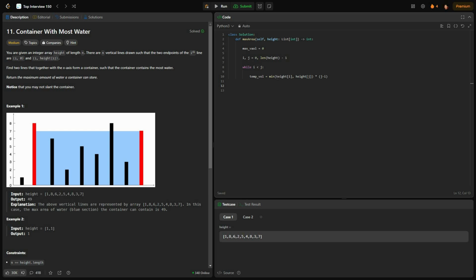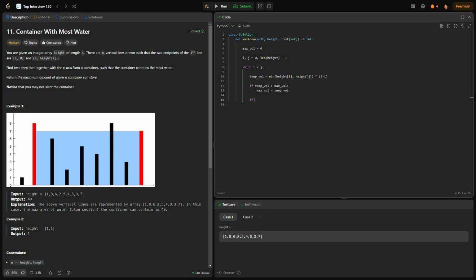Now, if our temporary volume is greater than our maximum volume, then the maximum volume would become our temporary volume.